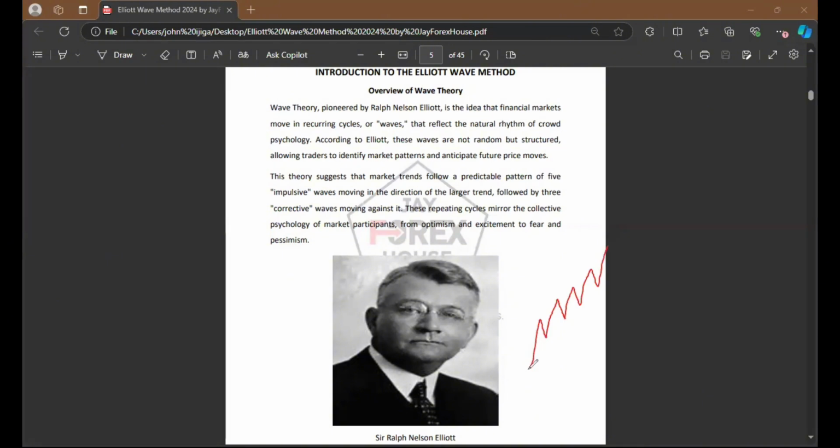So he believes that these structures move within structures, like how market structures move on lower time frames, and you have representations on higher time frames. So this was basically his concept towards the market. And where you see the market moving in an uptrend, it's basically also moving in the form of a circle. I mean, a circle that covers time as well.